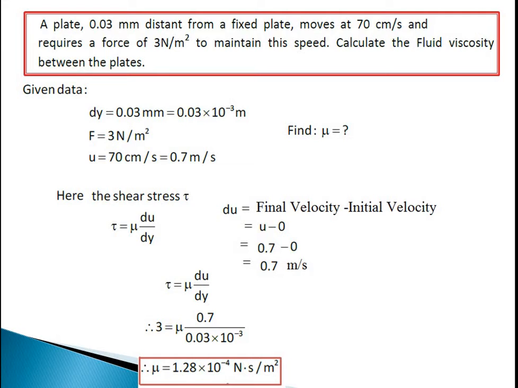Tau is given as 3 Newton per meter square. Then mu into du, which is 0.7, divided by dy, which is 0.03 into 10 to the power minus 3 meter. Solving this equation, we get mu equal to 1.28 into 10 to the power minus 4 Newton second per meter square.